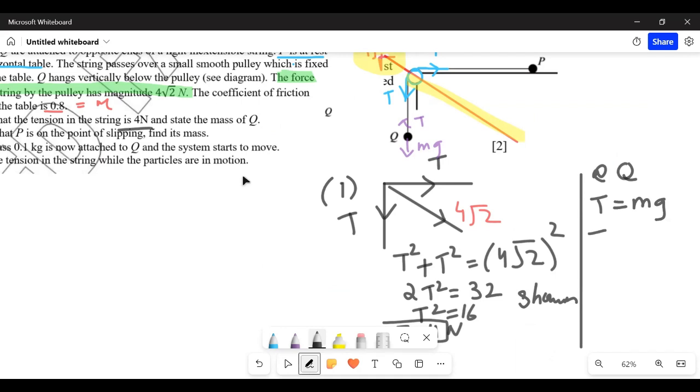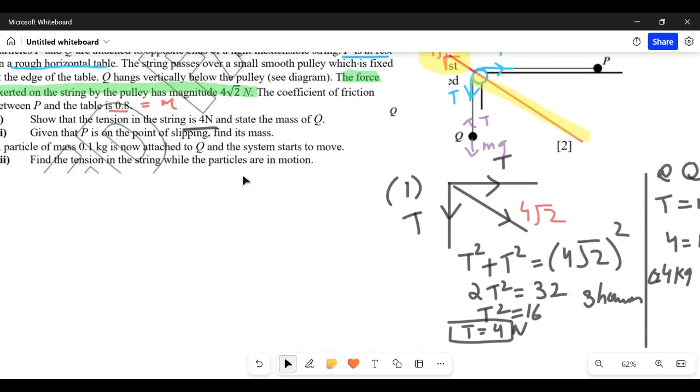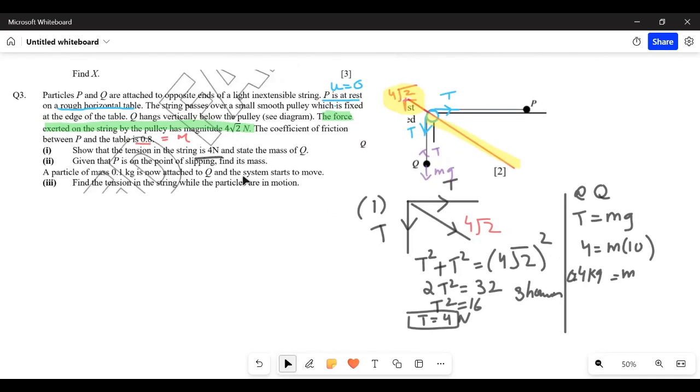So tension came out to be 4, which is equal to m times 10. So m is 0.4 kgs. So the mass of the particle Q is 0.4.